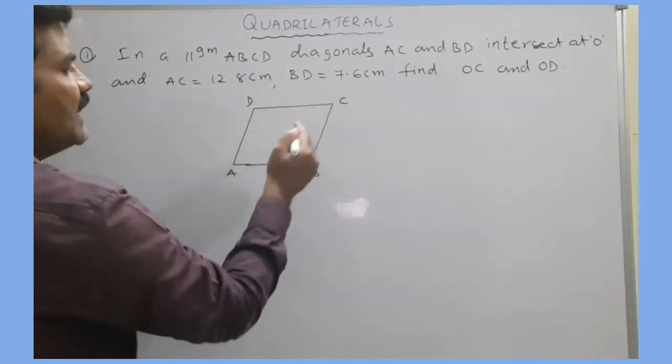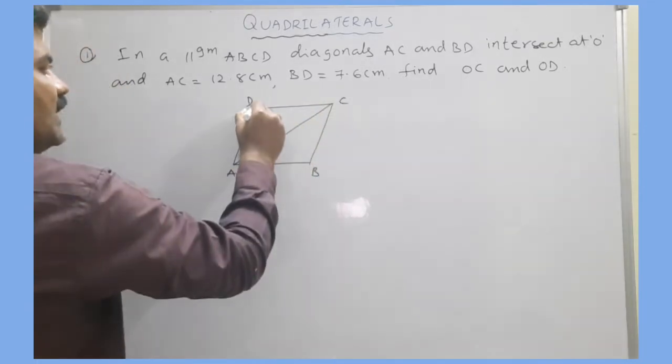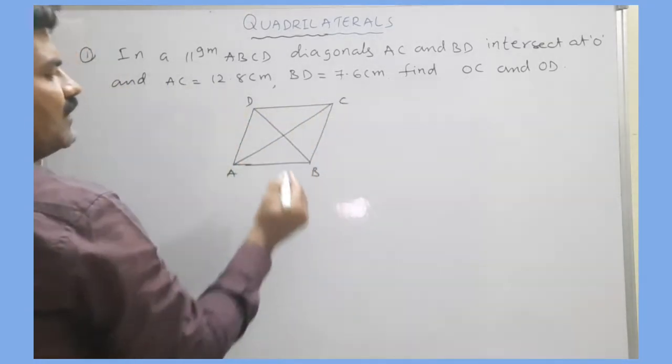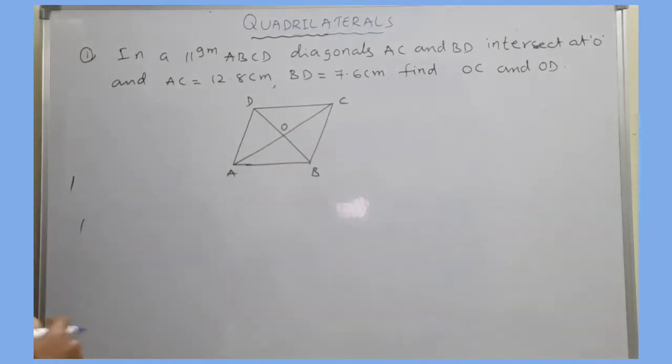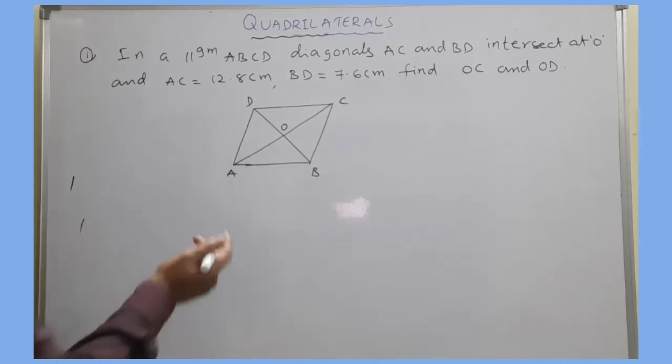And here it is given that the diagonals AC and BD are intersecting at O. Also provided that AC length is 12.8 centimeters, whereas BD length is 7.6 centimeters.